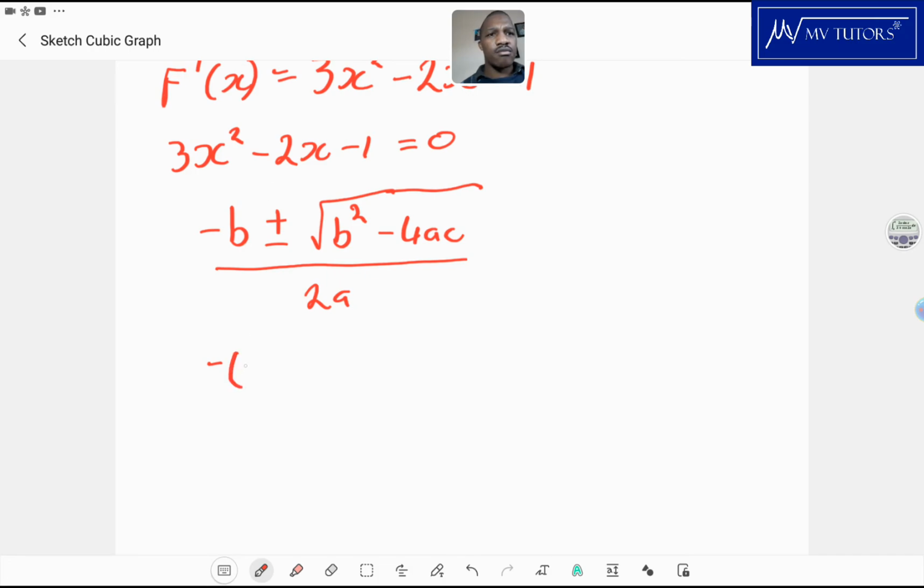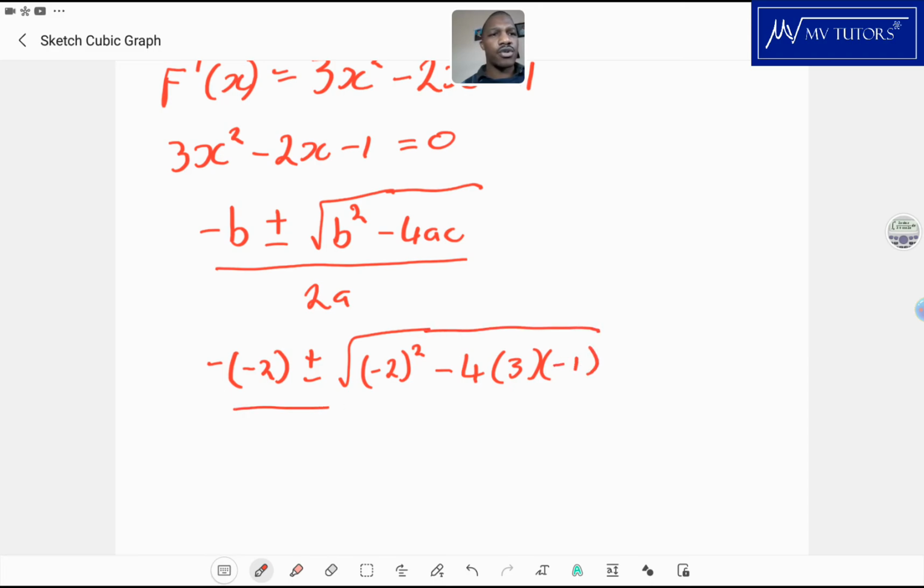B is minus 2, plus or minus, b is still minus 2 squared minus 4, a is 3, and then c is minus 1. Okay, all of this is under a square root. It's all divided by 2a, it's 2 times, and a is 3.